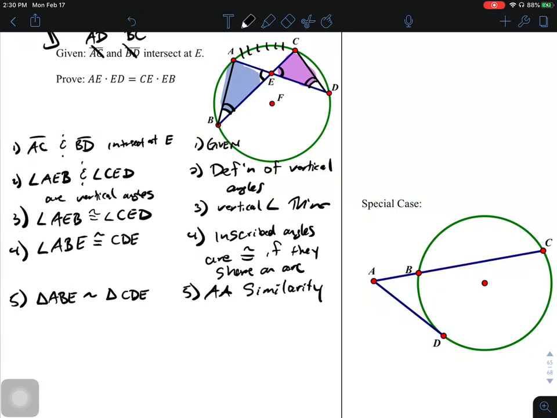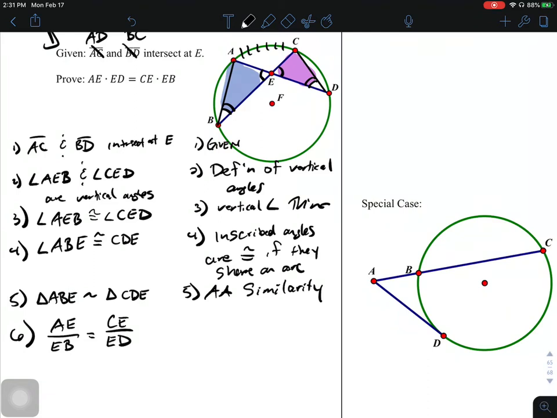Now, if those are similar, we could certainly say that AE over EB is equal to CE over ED.